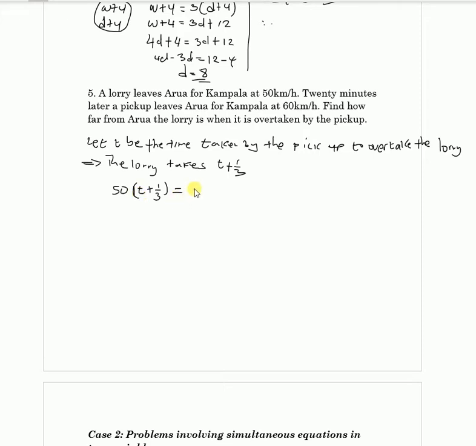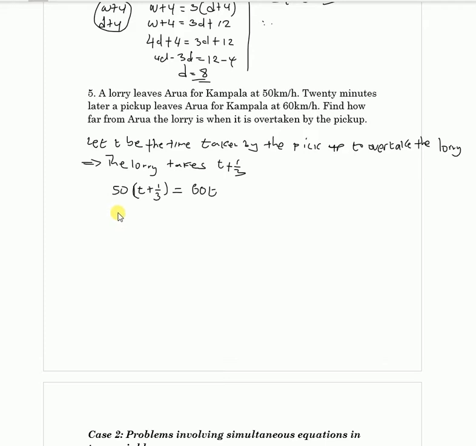And for the pickup itself, the distance is 60 times t, where t is from the time of starting off of the pickup.